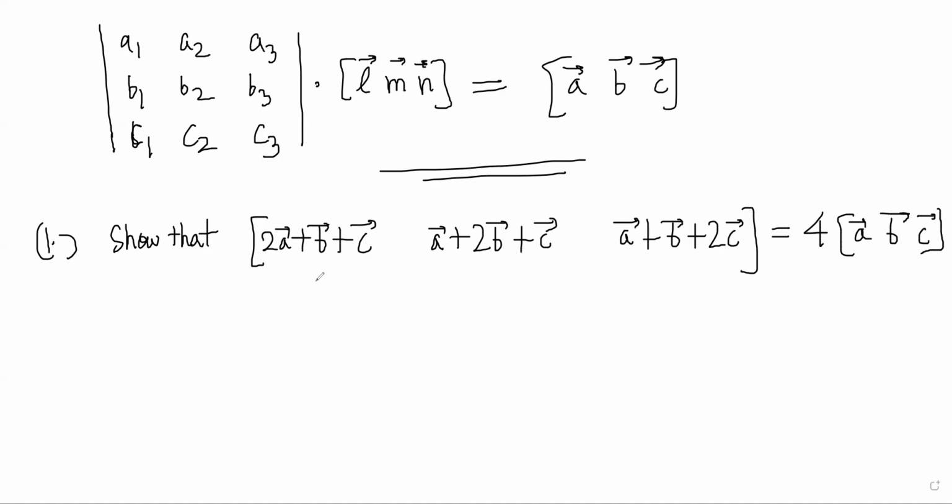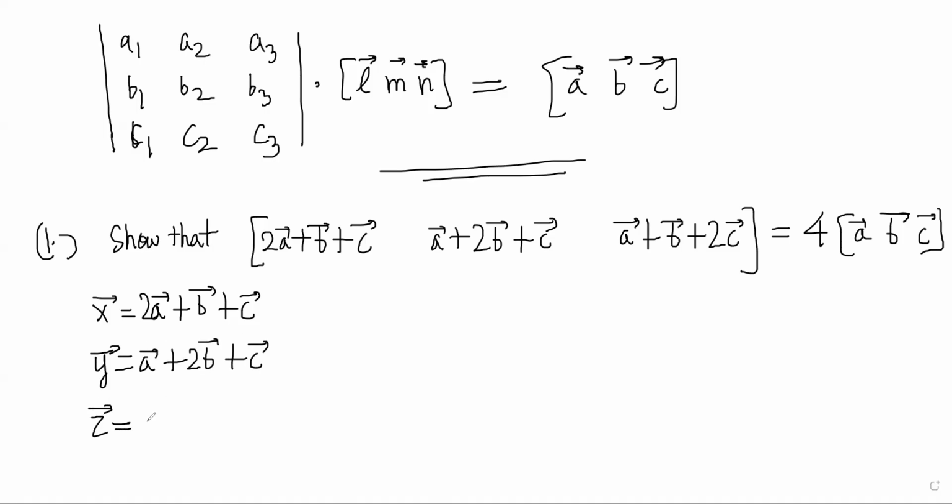Now, there are many problems like this that you will encounter. So what I want you to think here is, let's call x vector as 2a plus b plus c, y vector as a plus 2b plus c, and z vector as a plus b plus 2c, right?